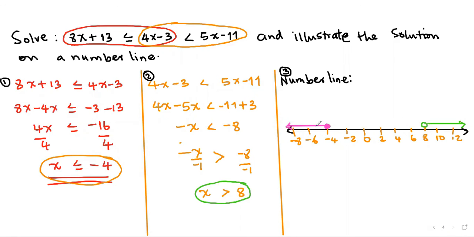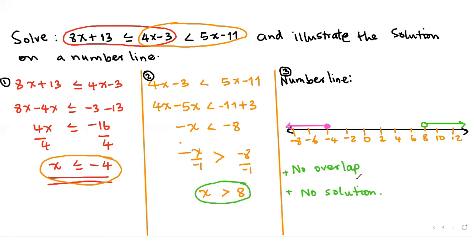So when you look at these two inequalities, we do not have any overlapping area. So this means that since we do not have any overlapping area, we say no overlap. And since there is no overlap, it means that there is no solution.